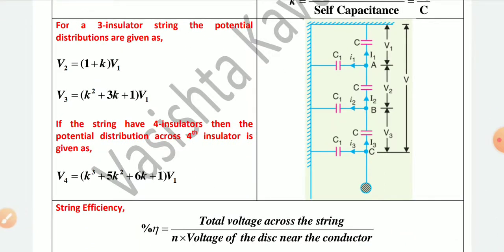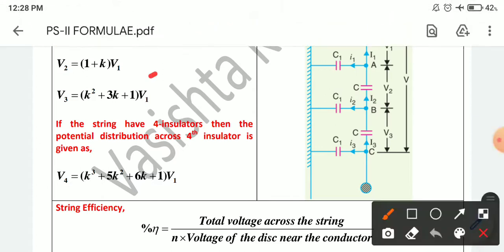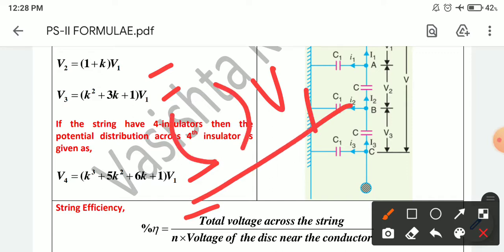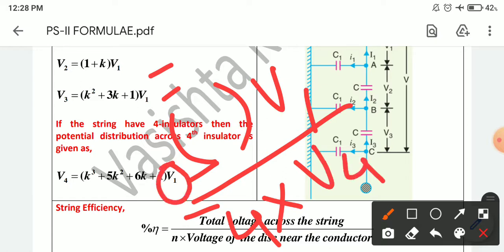For this, you have to calculate V2, V3 and V4 for 4 insulators. Summing all the voltages, you get the total voltage across the string in terms of V1. You get some value times V1, divided by N, which may be 4 or 3 depending on the number of insulators, into the voltage of the disc near the conductor, that is generally V4. This V4 is also in terms of V1, so it is also some value times V1.